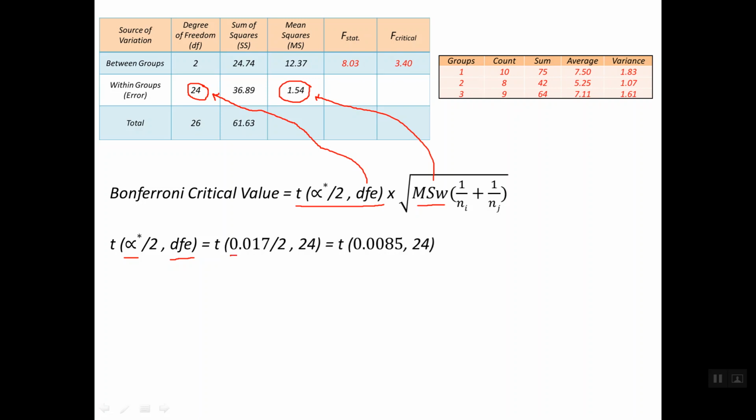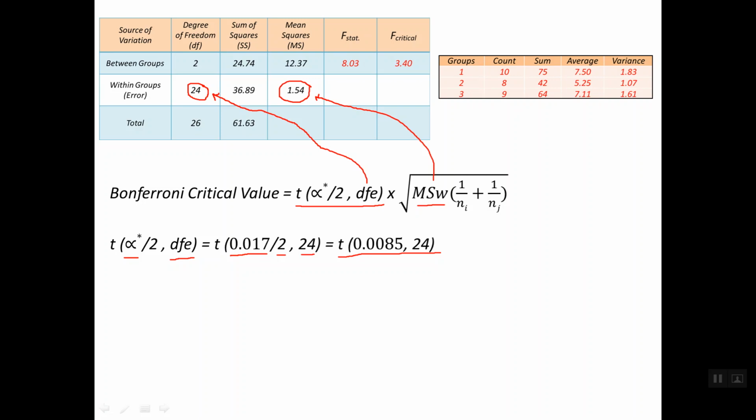So the value of alpha star is 0.017 divided by 2, and the degree of freedom is 24. So we need to determine the value of t for the probability of 0.0085 and degree of freedom equal to 24.